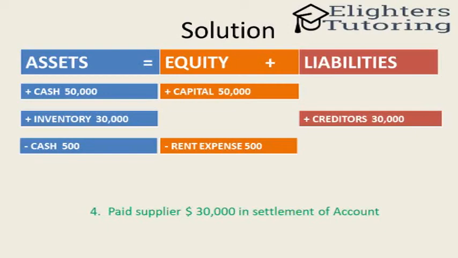So what will happen here? You paid suppliers $30,000 in settlement of account. You paid, so the asset reduces. That is, asset cash reduces by 30,000. What will happen to our liability? We had our liability of 30,000, that's our creditors.